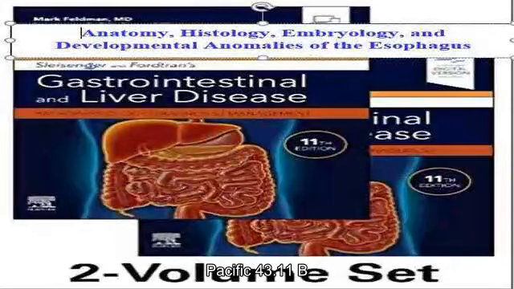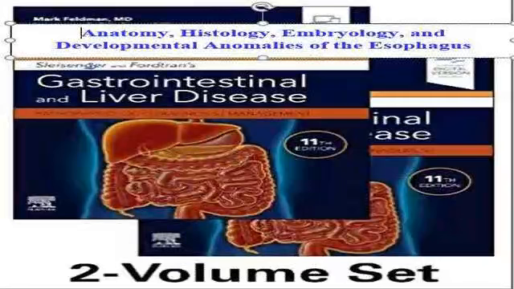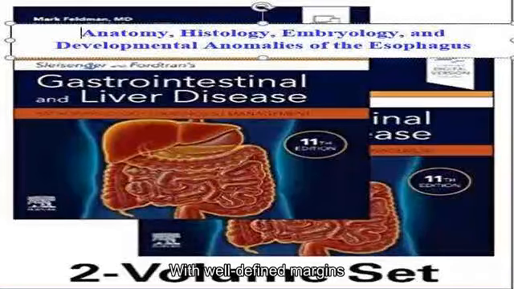See Fig 43.11b. Duplication cysts appear as lesions that cause extrinsic compression of the true esophageal lumen with normal appearing mucosa. On EUS, duplication cysts can appear as homogeneous anechoic or hypoechoic masses with well-defined margins.